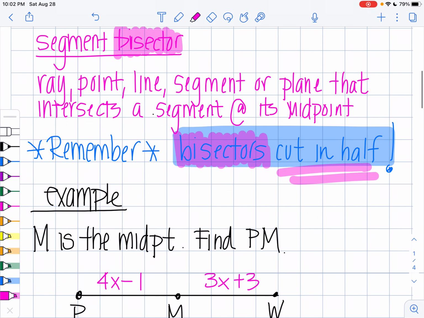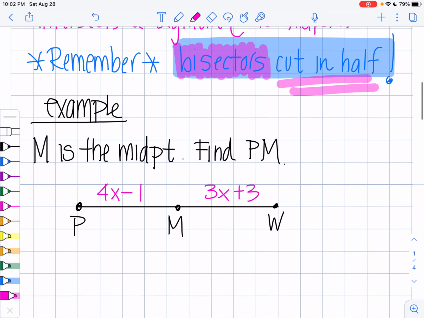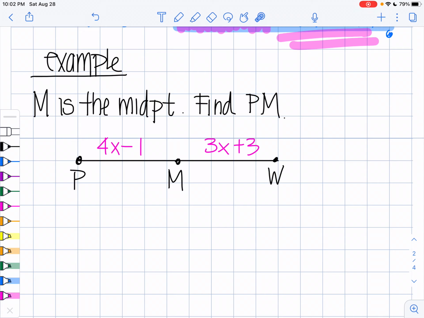Okay, this one's a little bit of a harder example, but I wanted to give you a more algebraic example to show you how this works. This one says that M is the midpoint in my segment, and I want to find PM. If M is the midpoint, first thing I'm going to do is mark these segments congruent with my little tick marks.